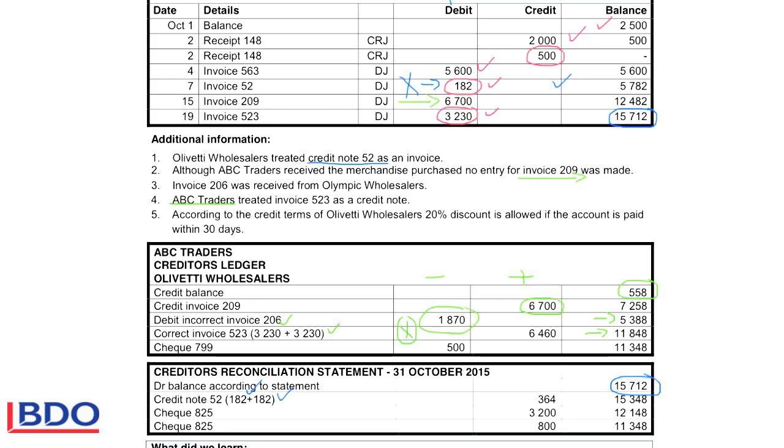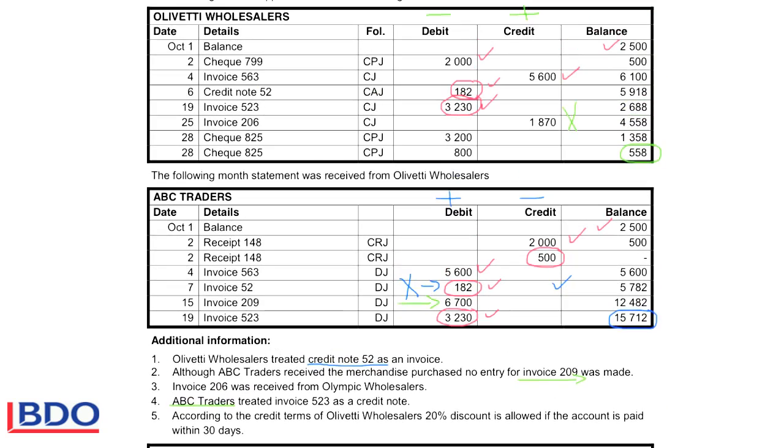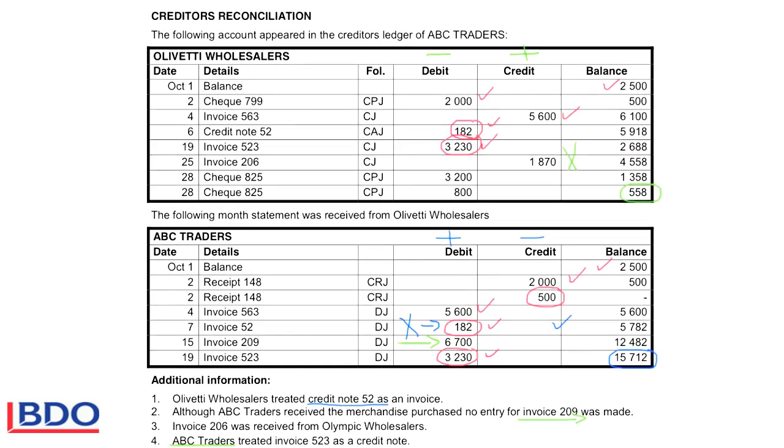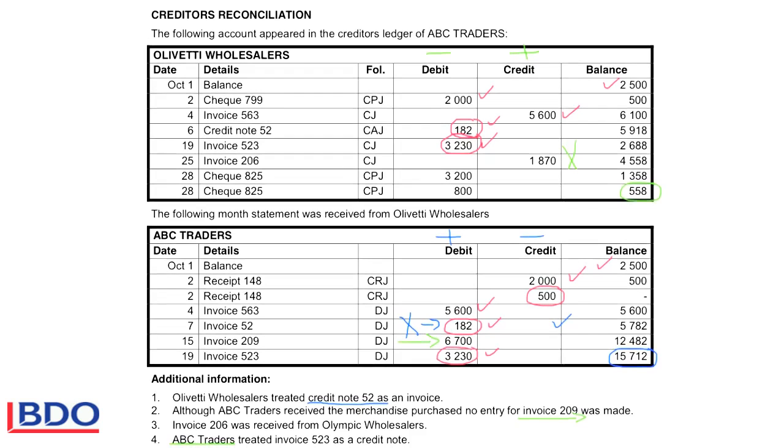According to the credit terms of Olivetti Wholesalers, 20% discount is allowed if the account is paid within 30 days. Okay, if we go back to our entries now, we're going to see who made the mistake with the discount. If we look here, in the books of ABC Traders, for Olivetti Wholesalers, when they paid the check, they recorded this 2,000.